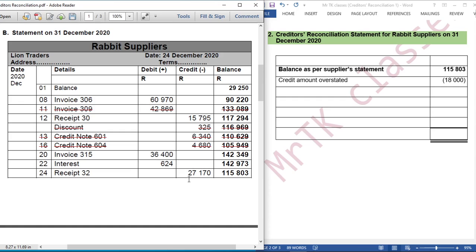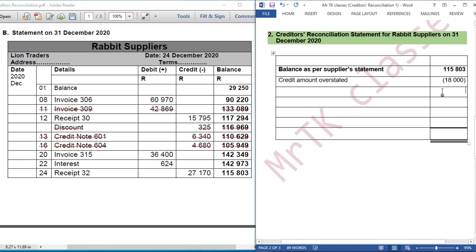So to remove any entry that was made on the credit side, we should make a debit entry. By making a debit entry, it means it is going to be a positive. So we are going to have plus 27,170.